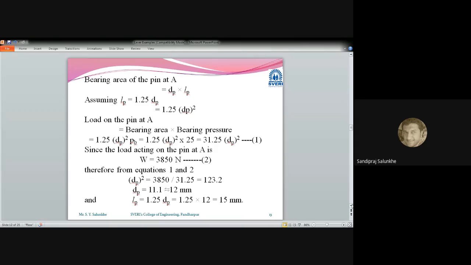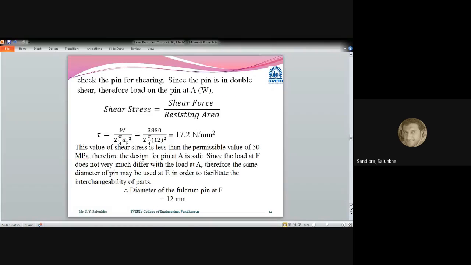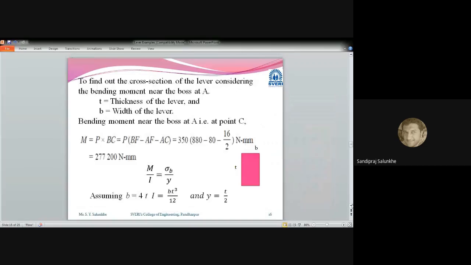Now we'll use the standard formula M by I is equal to F by Y. F means sigma b by y. Okay, where b is, sorry, this t we are going to consider as 4 times of the b. म्हणजे त्याची जी उंची आहे ती थिकनेस पेक्षा आणि विड्थ पेक्षा 4 पट आहे.